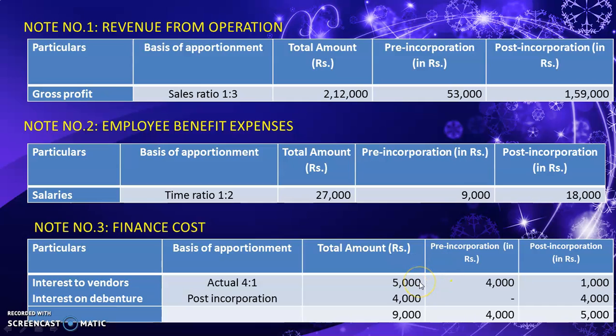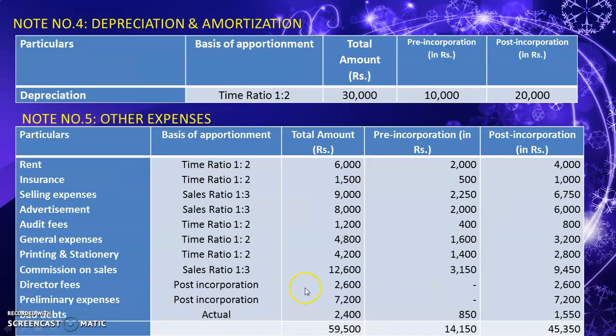Totaling it, you'll get 9,000, 4,000, 5,000. And note number 4, depreciation should be apportioned on the basis of time ratio. Then note number 5, write all the expenses which are given, and they are to be apportioned using the required time ratio and sales ratio.